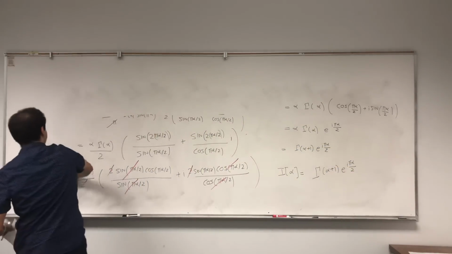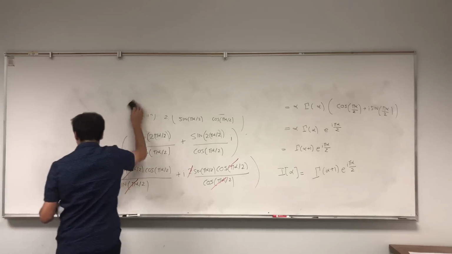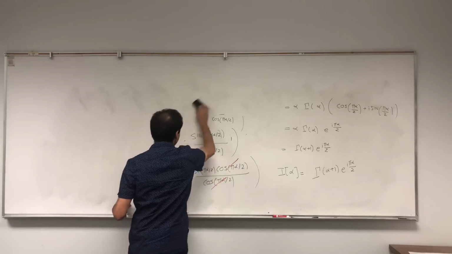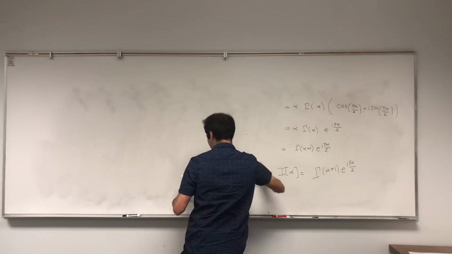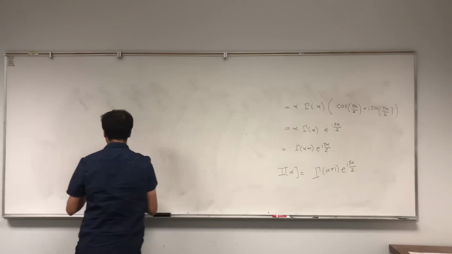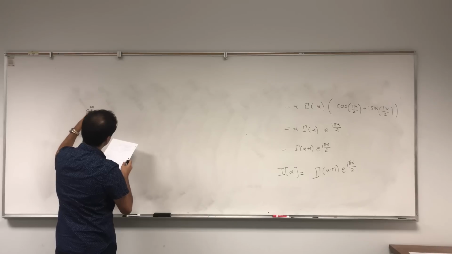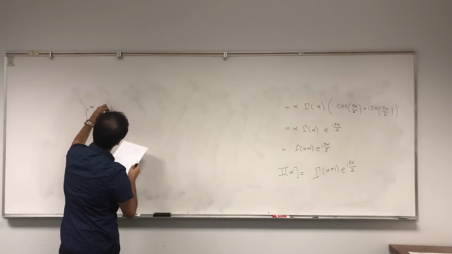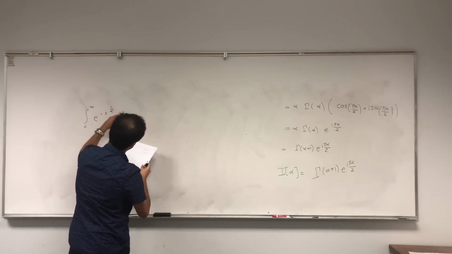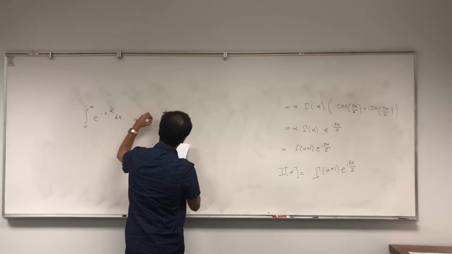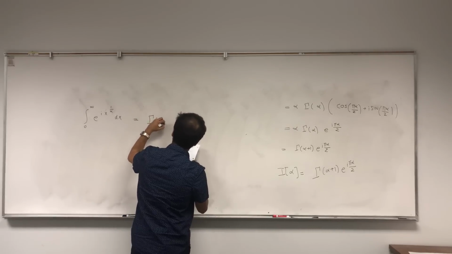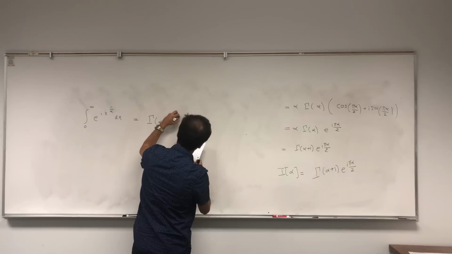Lastly, of course, we have this, but how does that simplify, or like how does that relate to our previous problem? Well, what do we know? We have integral from 0 to infinity, e to the I x to the 1 over alpha dx. That was I alpha equals gamma of alpha plus 1 e to the I pi alpha over 2.